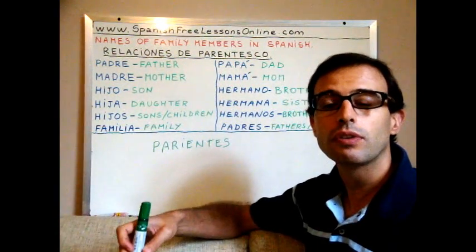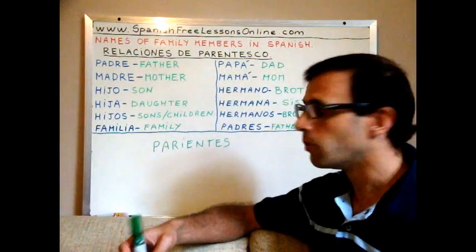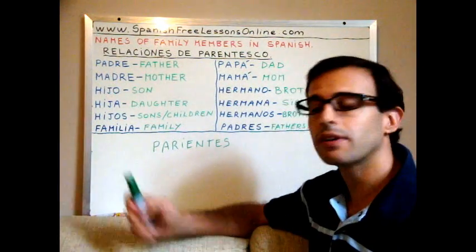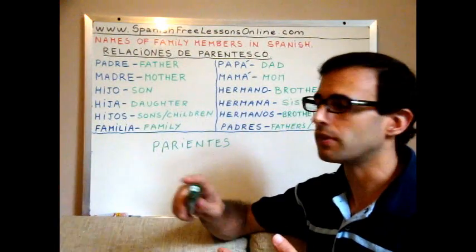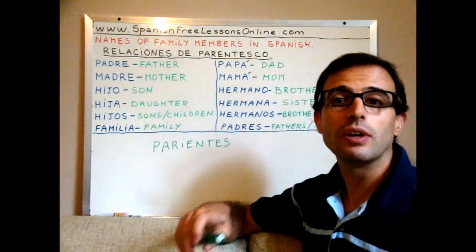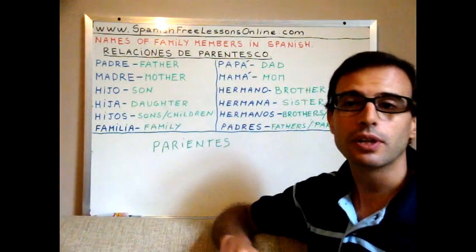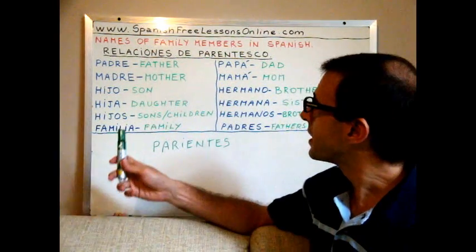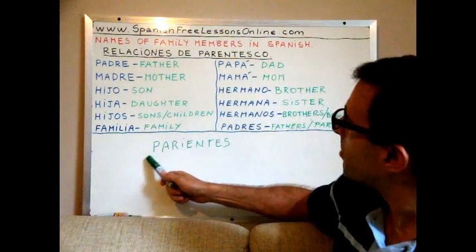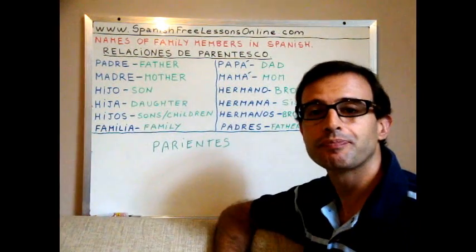And that includes father and mother. So our parientes would be father, mother, our brothers, sisters, uncles, cousins, grandparents, grandchildren, everybody. All our family members are our parientes, okay?